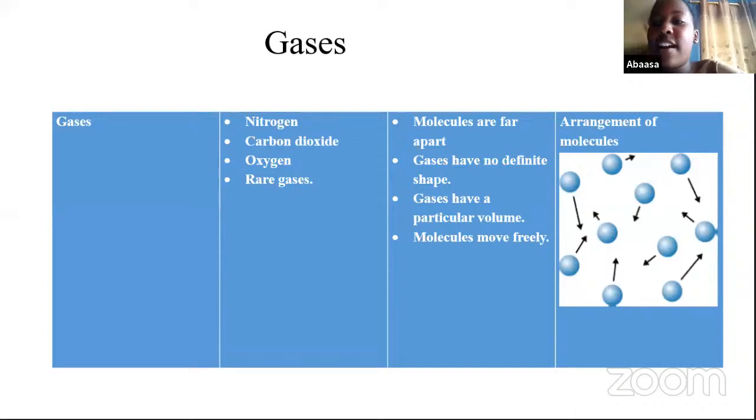Molecules are apart. Very good. Molecules are apart, which means they are spaced. So, being that they are spaced, they can easily move. We shall come to look at it when it comes to heating. When we heat it, what happens?